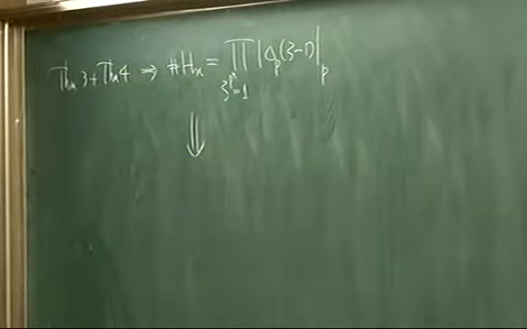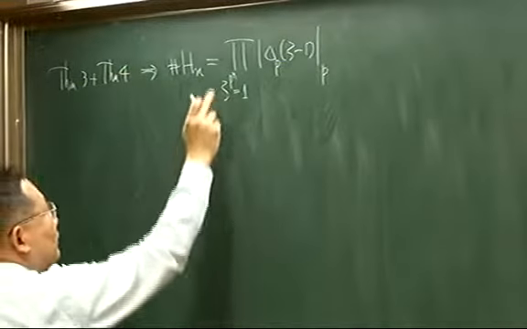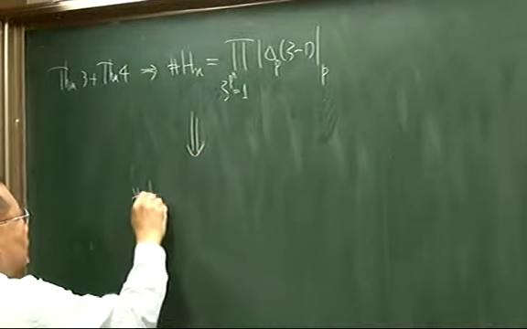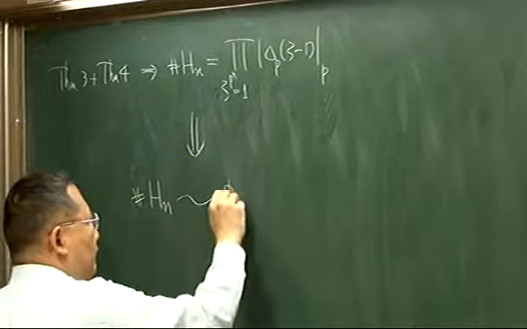This is Iwasawa's computation. By this formula, we get the so-called Iwasawa asymptotic formula.